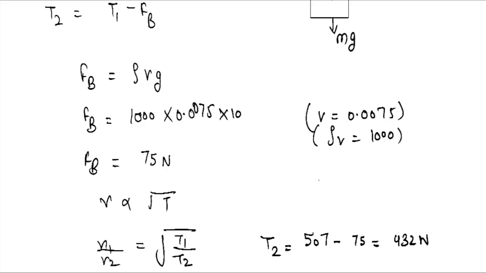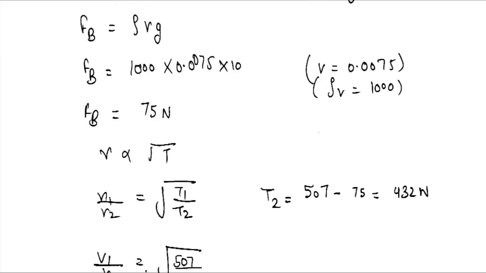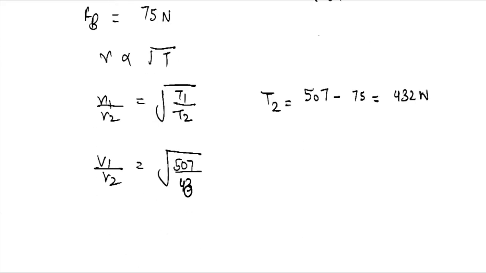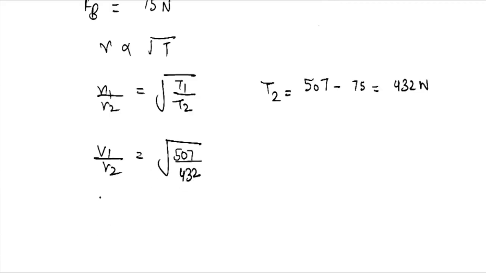So we can highlight here: this is tension 1 and this is tension 2 here. If we put 432, from this we get the frequency f2. f2 is f1 multiplied by root of T2, that is 432, divided by 507, as it goes into the multiplication, so the denominator will be in the numerator.